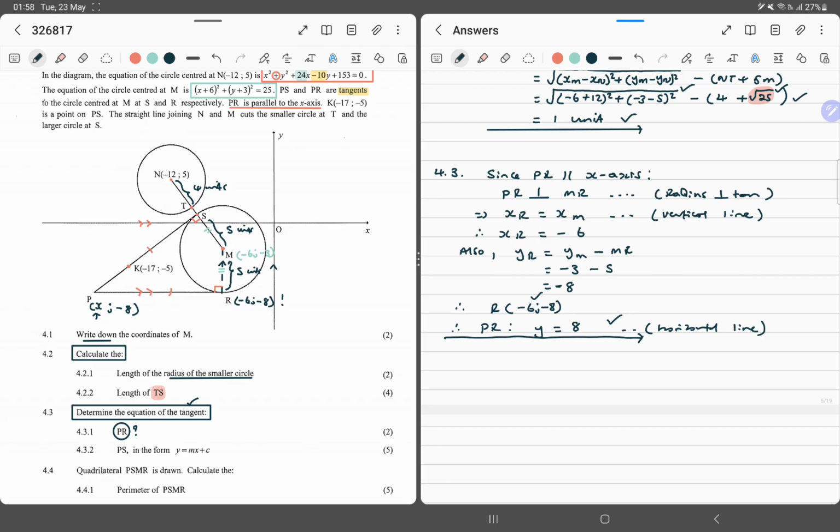The rest was just a means to an end, as we always say, guys. You cannot get a mark for an answer if your connections are not in the right positions. So we always work it out. If you didn't want to say horizontal line, you can just say PR is parallel to the x-axis.